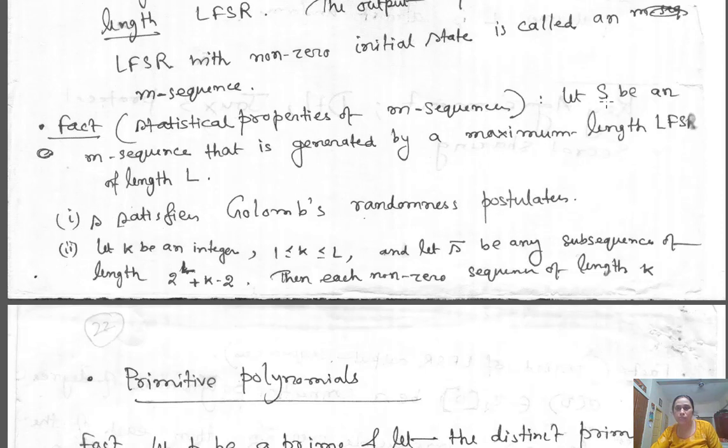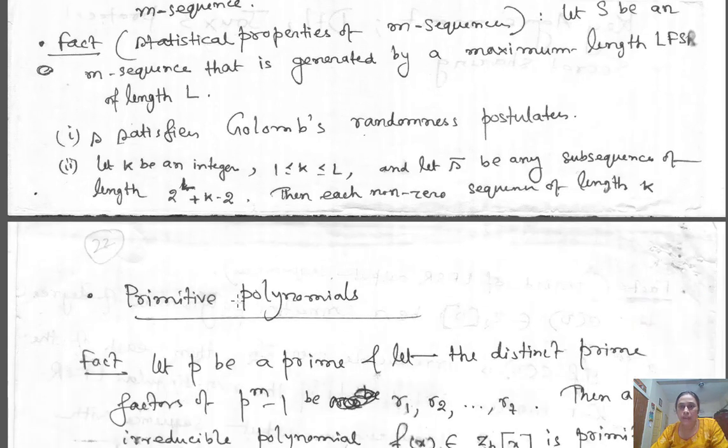This S is having length 2 to the power L minus 1, the maximal period length. If you fix any k between 1 and L and you take a subsequence S bar of length 2 to the power L plus k minus 2, then we have some nice features.